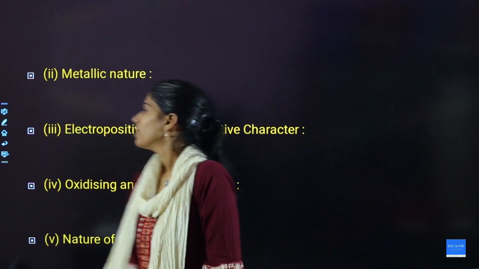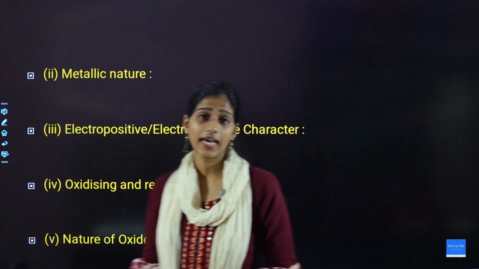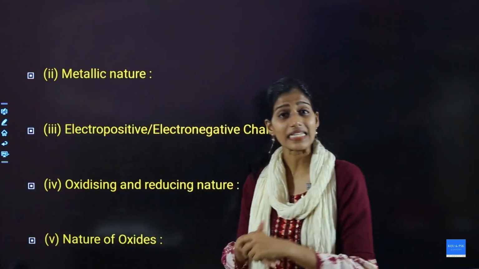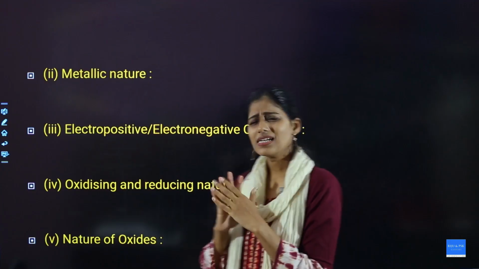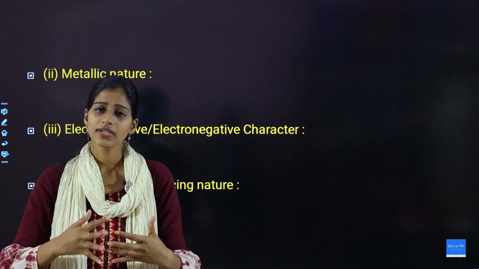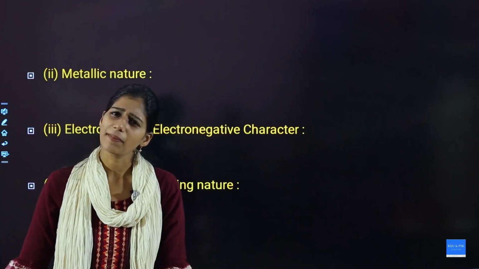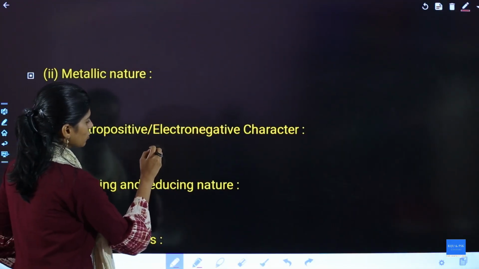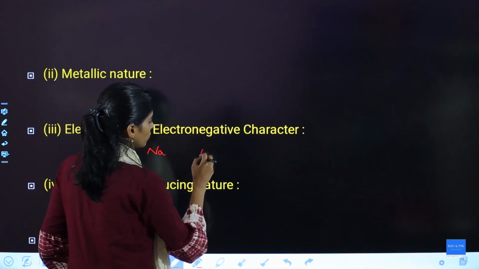Clear? Moving to the next concept, which is electropositive or electronegative character. Dear children, just wait for the moment where we will discuss these two properties in detail. Just have an idea that metals are electropositive because metals will always lose electrons and become positively charged. For example, sodium has a high tendency to lose an electron, and you can have Na+.